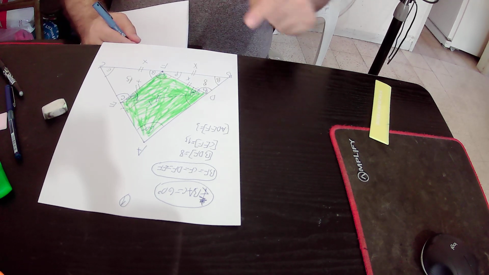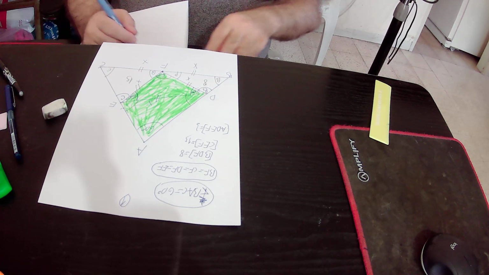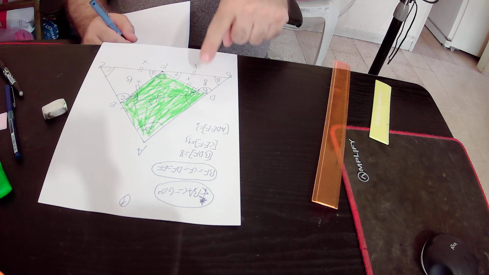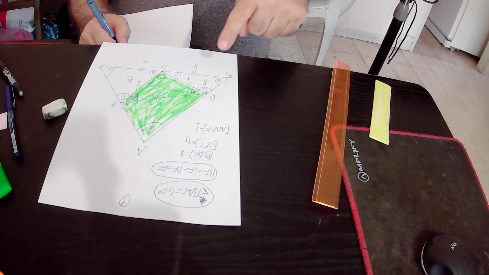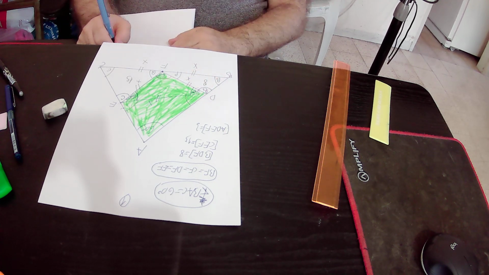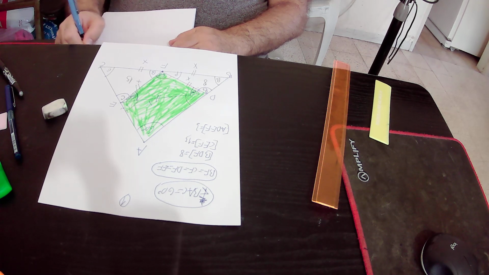Therefore, at any point, the sum of the angles equals 180 degrees. That is to say, if we focus at point D, we can say that B plus 60 degrees plus angle ADE, this angle, must be equal to 180 degrees according to rule number 2.